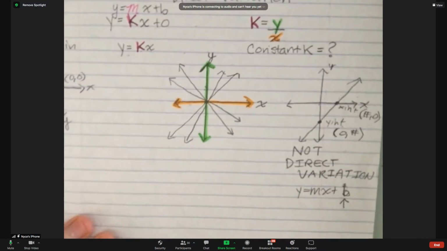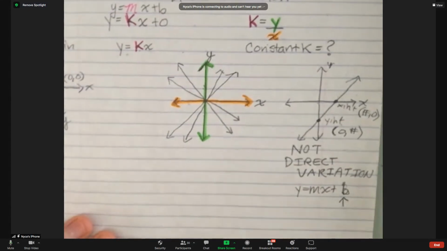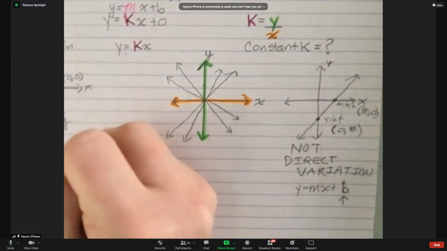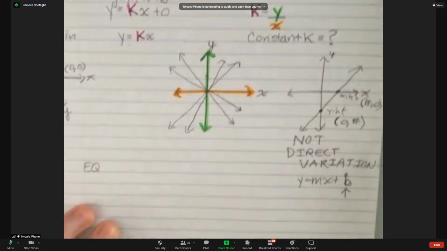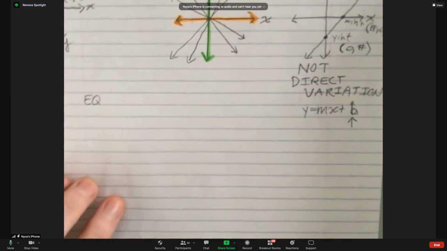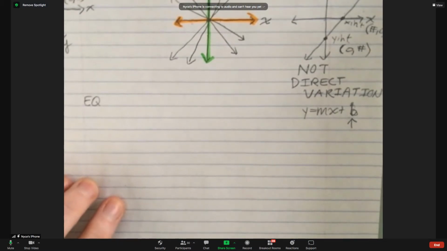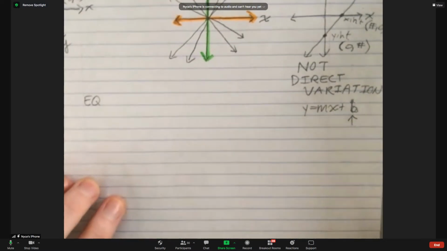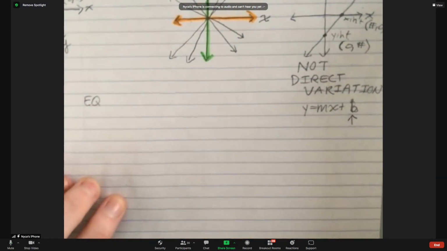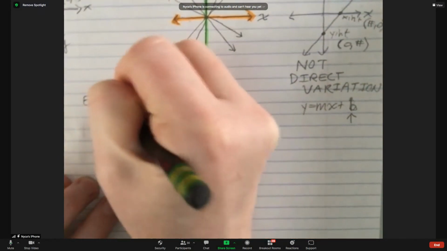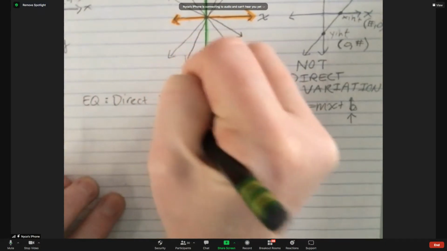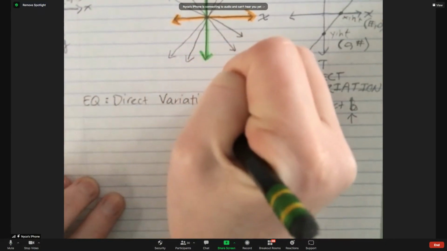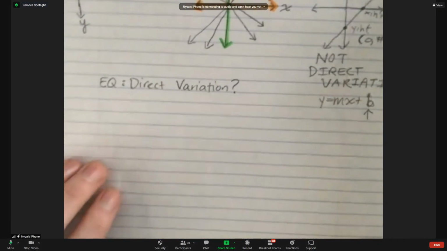All right, so now let's look at if you guys were to get some equations. So let's just check out some problems with identifying equations of direct variation. Okay, so we're going to identify.